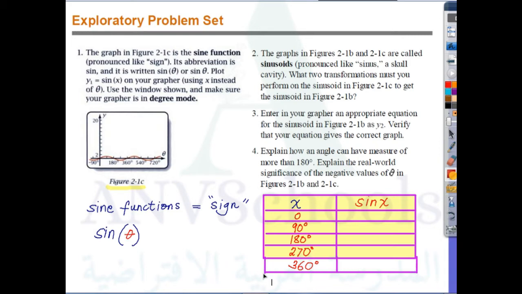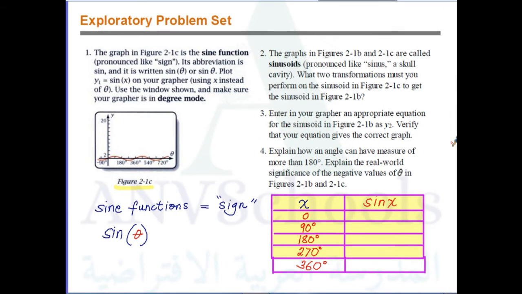After all this, what is our sine x? Our problem 1 says that we have to plot y1 is equal to sine x. Now how do we plot sine x?